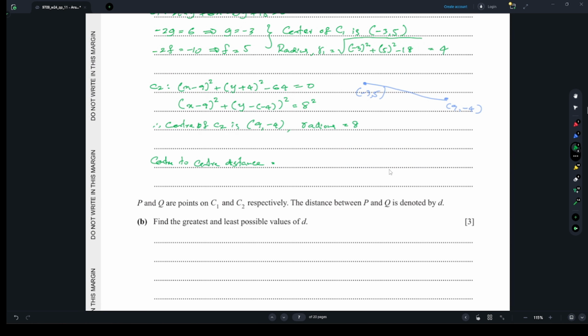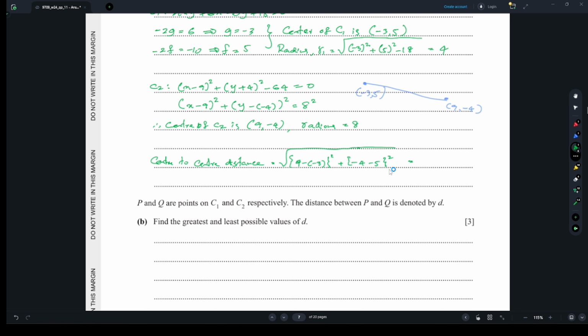So we take the square root of the square of the difference of x coordinates, 9 minus minus 3, plus the square of the difference of y coordinates, minus 4 minus 5.